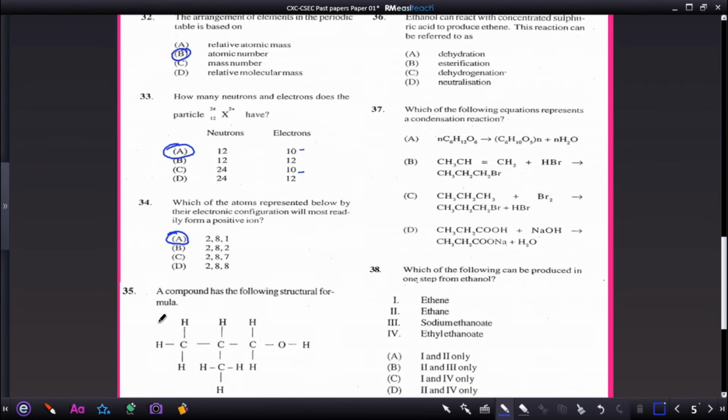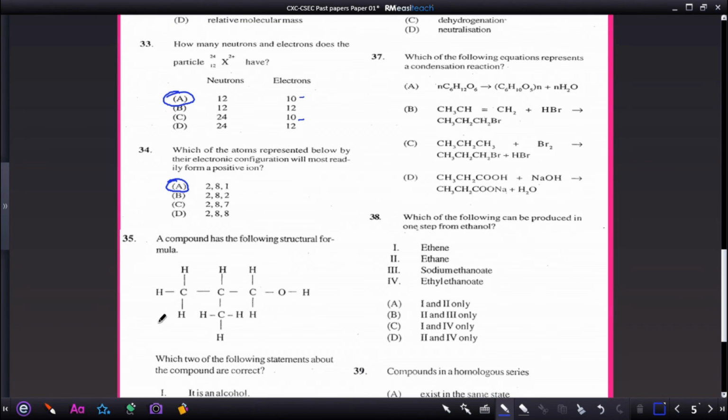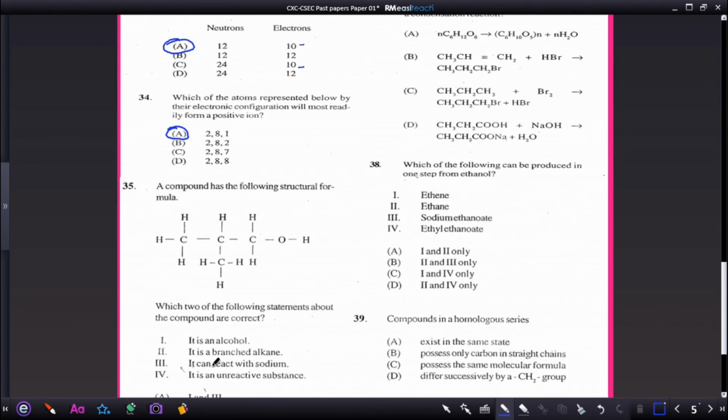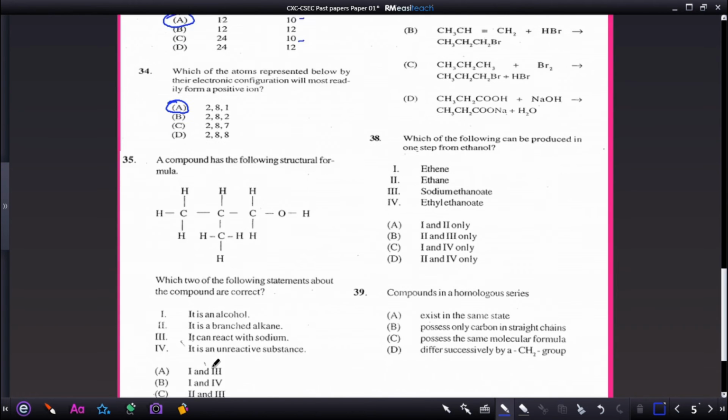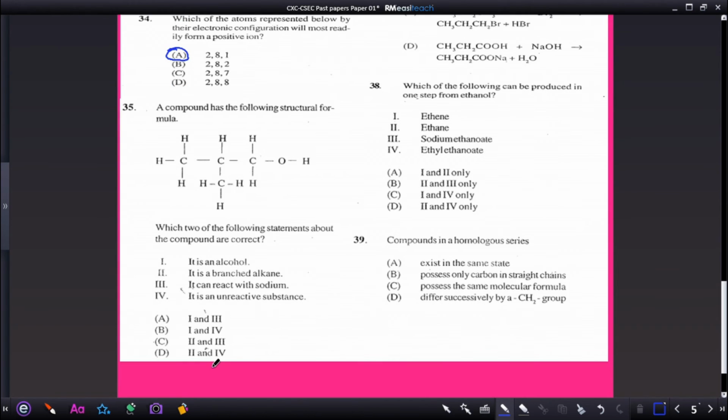35. A compound has the following structural formula. Which of the following statements about the compound are correct? Is it an alcohol? Yes, it is. Is it a branched chain alkene? No. It can react with sodium? Yes, to form the alkoxide in this case.